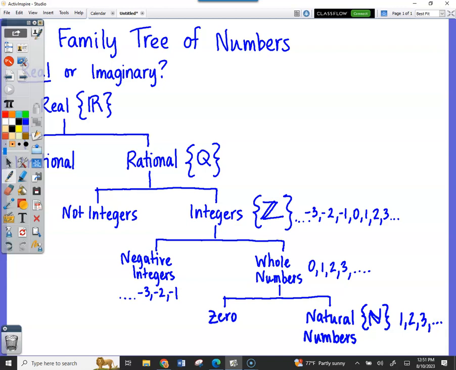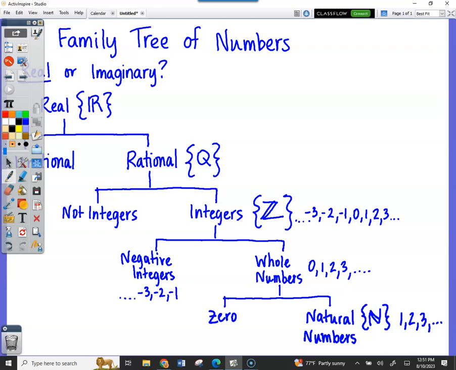Now, you might be wondering, how in the world am I going to remember this? First of all, you're going to have to study it. Might not really require flashcards, but just look at this. Read it in your head. Say it a couple of times. You're going to see these symbols a lot. Real numbers are every number that we're going to deal with, as long as it's not imaginary.